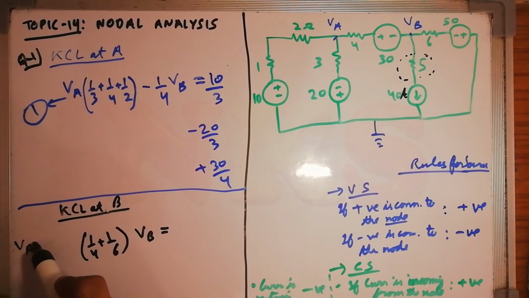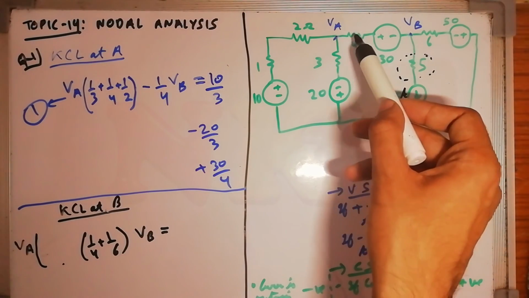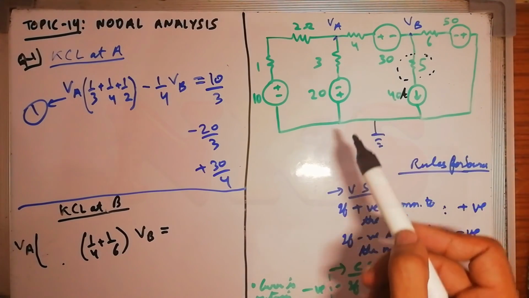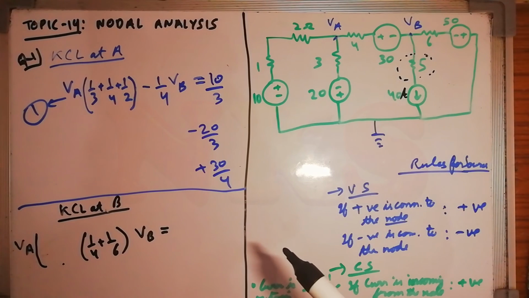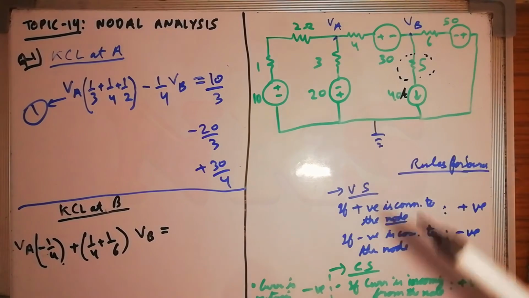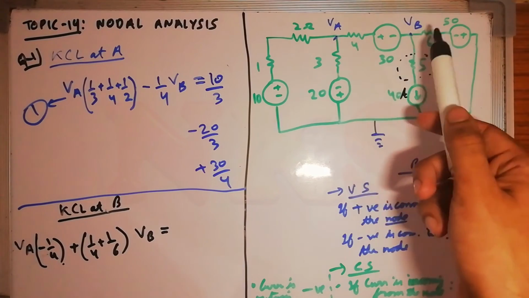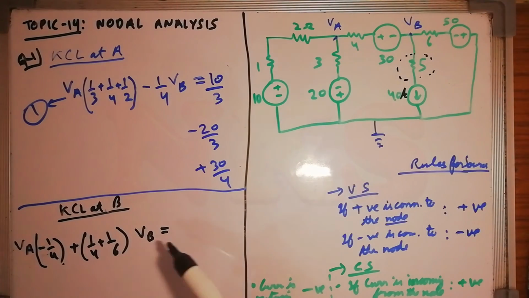Now take it to VA. So VA, this is the mutual element is only minus 1 by 4. So it will be minus 1 by 4. So mutual element is always taken as negative. Mutual means that is connected between the two nodes. Okay. See here also I have taken it as negative because 4 is connected between VA and VB. So equal to what?